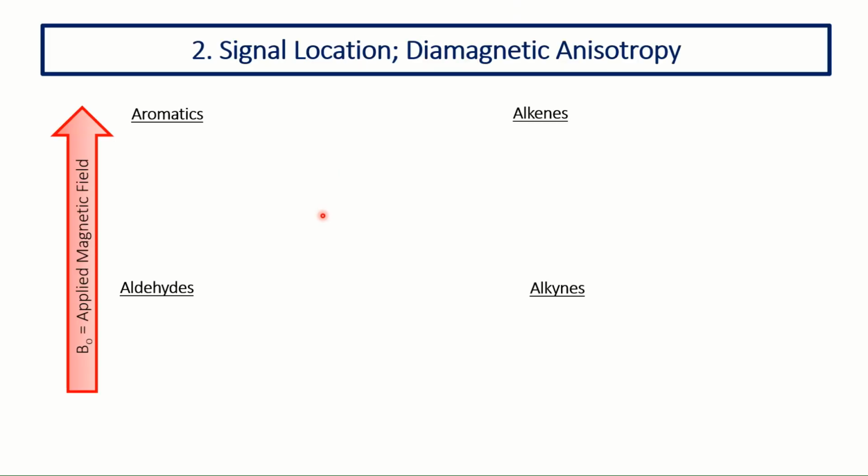So herein, we'll talk about anisotropy, or diamagnetic anisotropy. And this is signal location due to pi electrons. So for aromatics, the rotating pi electrons create this cone above and below the ring.